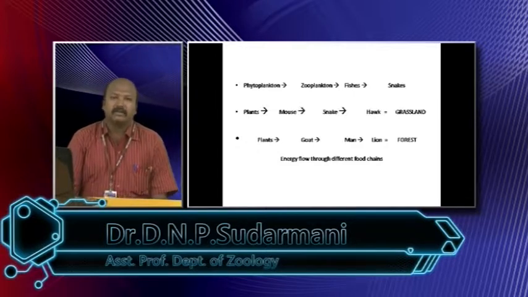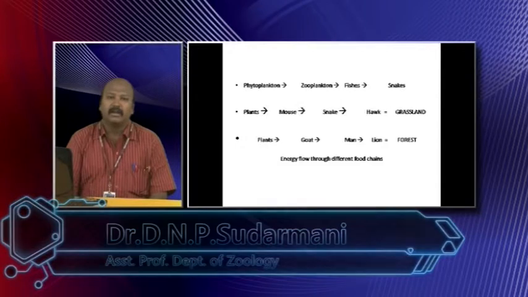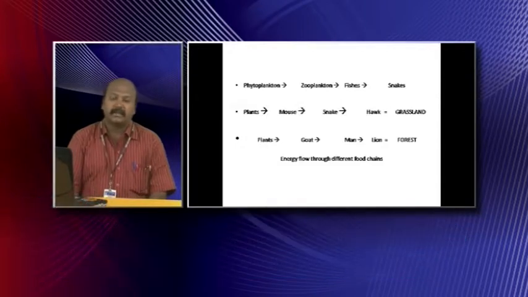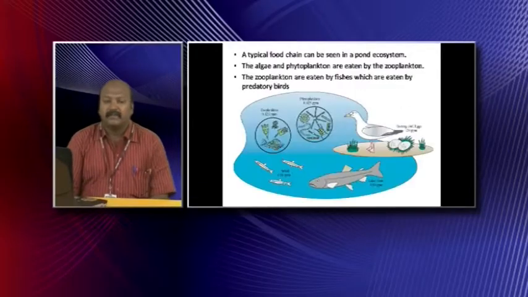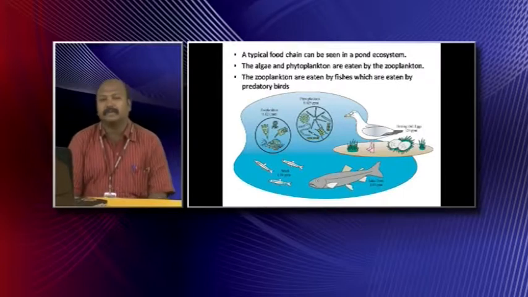There are 3 types of examples given below for your reference to explain the food chain and the energy flow. For example, we are presenting a marine ecosystem to explain the food chain form in marine. A typical food chain can be seen in a pond ecosystem.